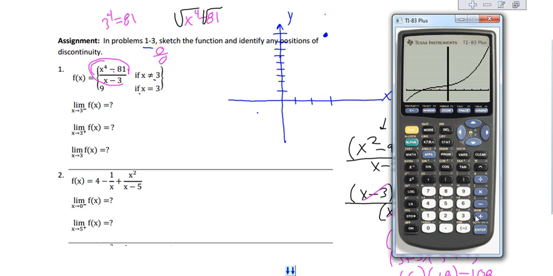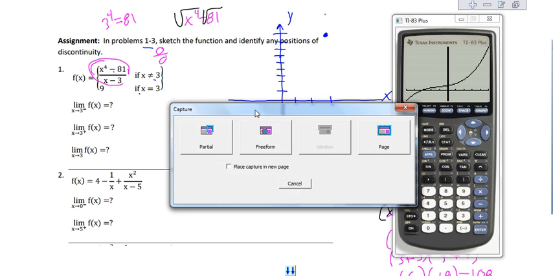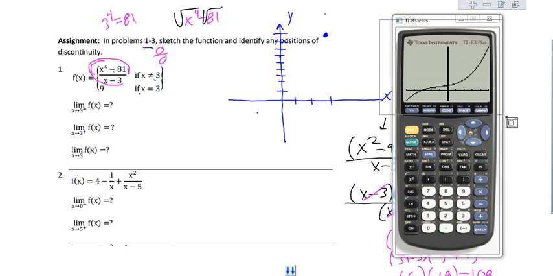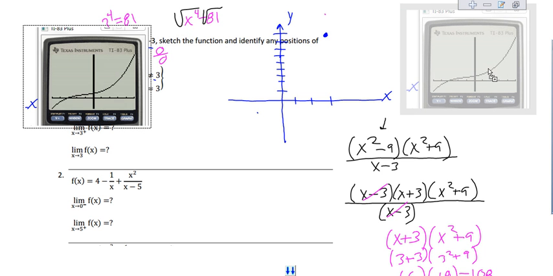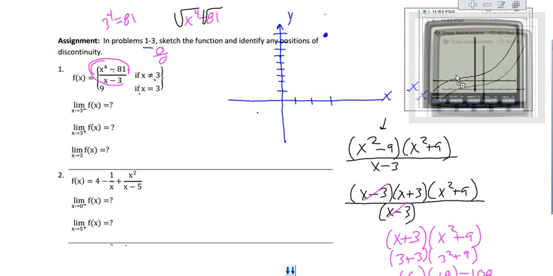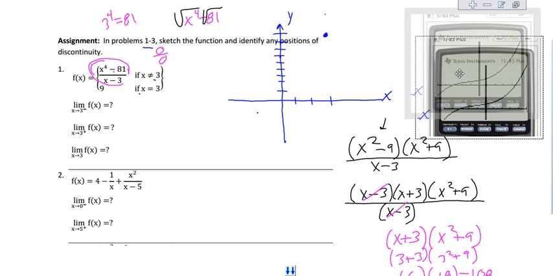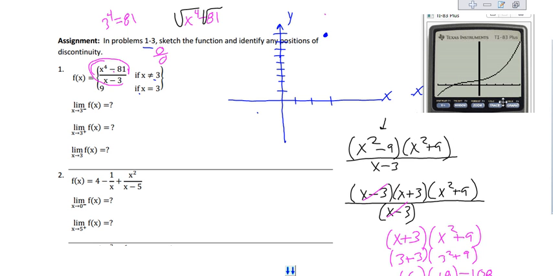If we do a zoom fit, we can see that this thing kind of makes an S shape. In fact, let me take a picture of that. And since this is just a sketch, so that we can state the discontinuity, what happens here? Well, it looks almost like a cubic function.